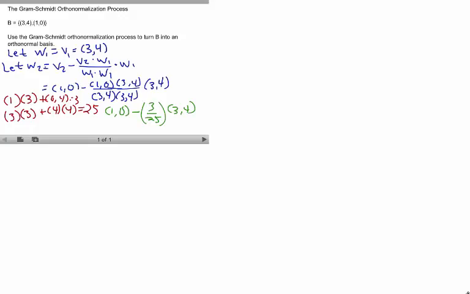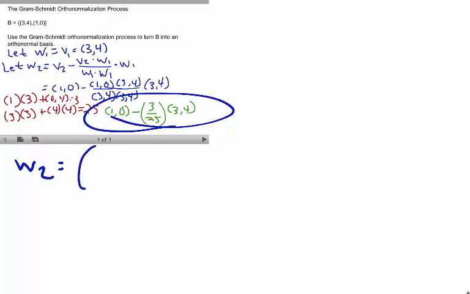Simplifying this expression further, we find that W sub 2 is equal to the vector 16 over 25 and negative 12 over 25.